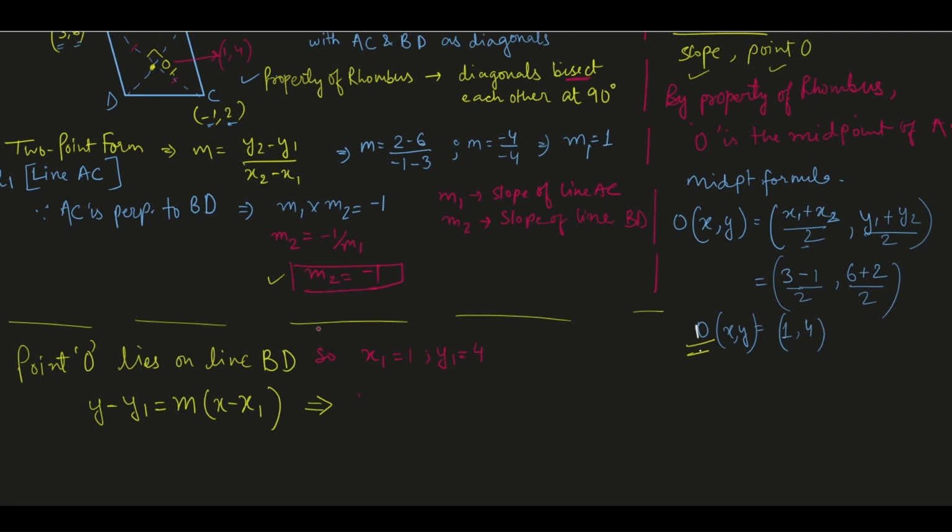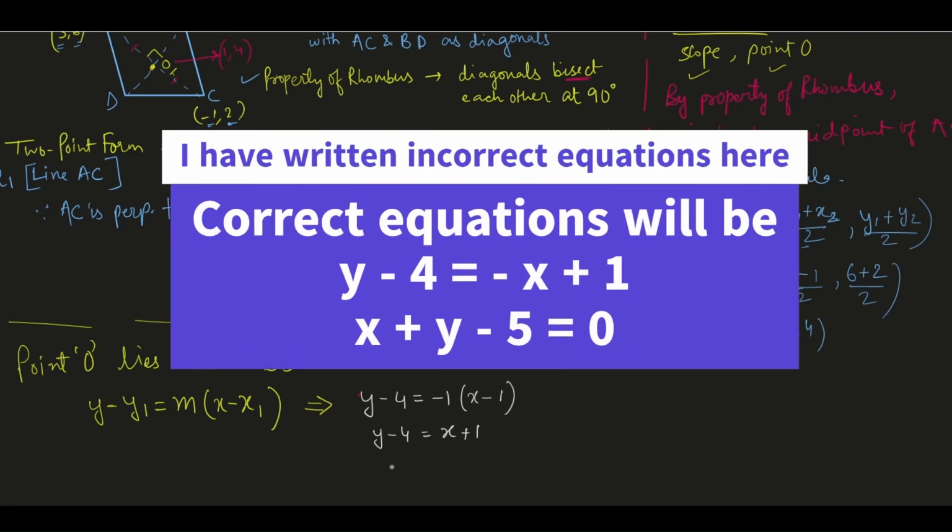So let's substitute the values now straight away. Y minus y1, which is 4, is equal to m, we calculated, see this one, -1, and x minus x1. So x minus x1 is 1. So y minus 4 is equal to minus x plus 1.